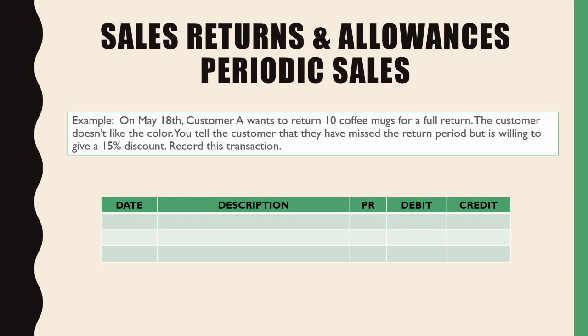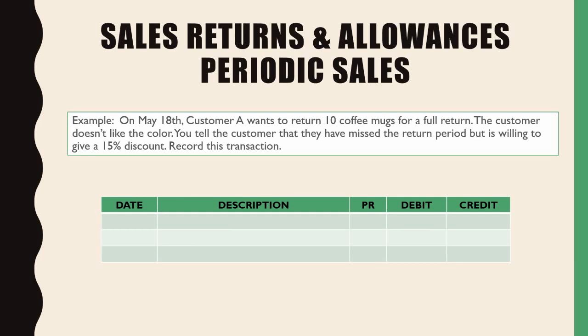And you tell the customer that they have missed the refund period, okay? But they're at your store, they're super angry, and they're demanding that full refund. So what you've decided to do is give them an additional 15% discount. You can keep the cups. I know they're the wrong color, but you know what?